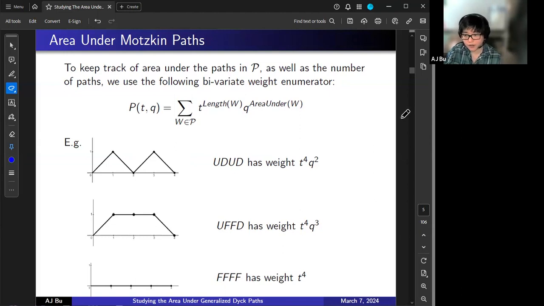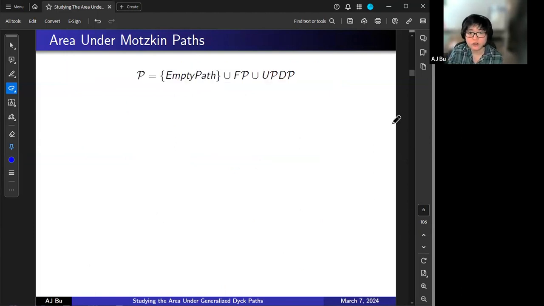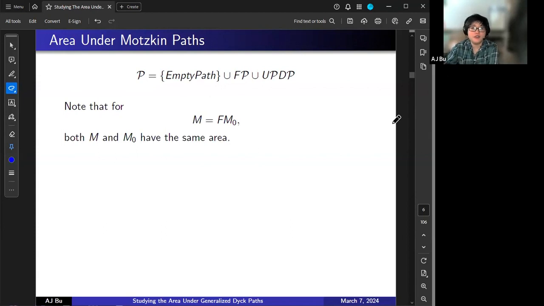Okay, so now that we have that, let's go back to what we talked about with the Motzkin paths, where we got this grammar, and adjust it for area. So note that in these 2 cases, we're not going to have to do any sort of adjustment for the area, right? Because the empty path is going to have area 0. So its weight is still going to be 1.